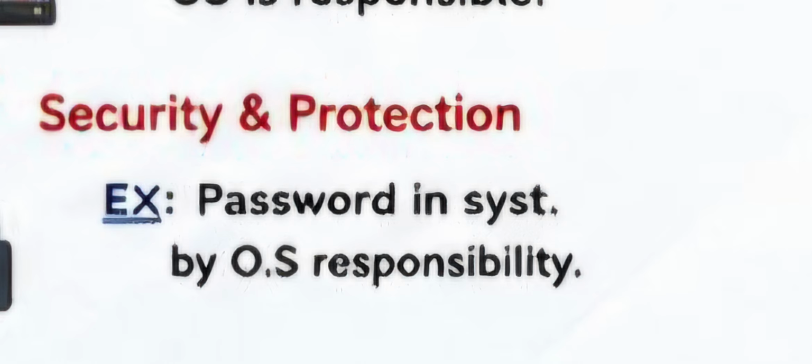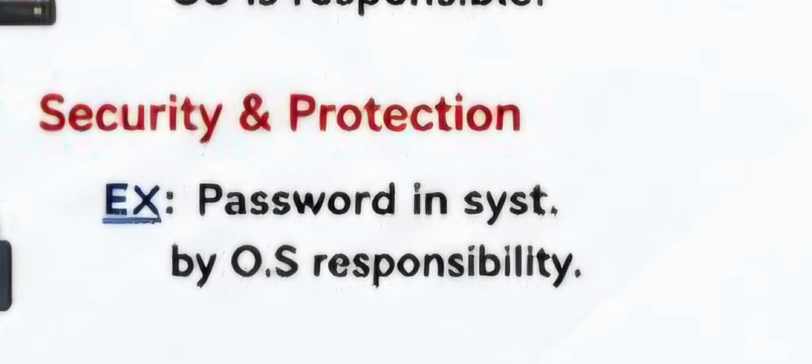For example, if you set up a password in your system, or let us suppose you're playing a video game like PUBG and also using some other application, if there is no OS, then your information will be swapped from one app to another, which is not secure, right? There is no protection. To avoid such things, the OS gives security and protection.